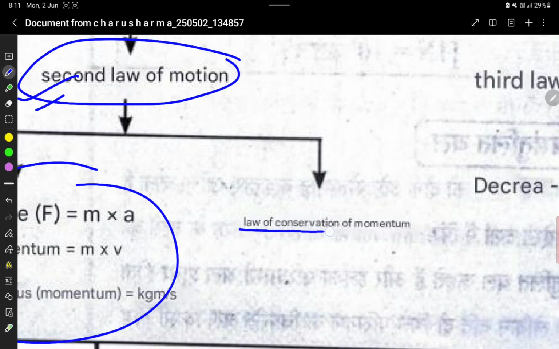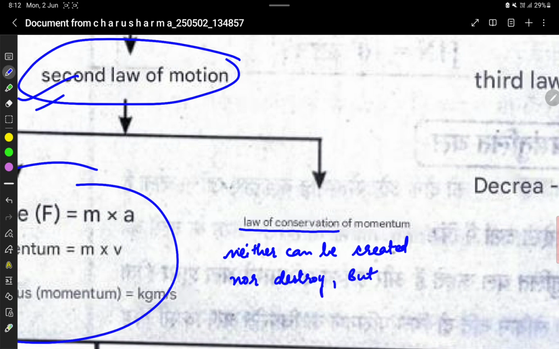The law of conservation represents that the thing, whatever the thing is, can neither be created nor destroyed, but transferred from one object to another.